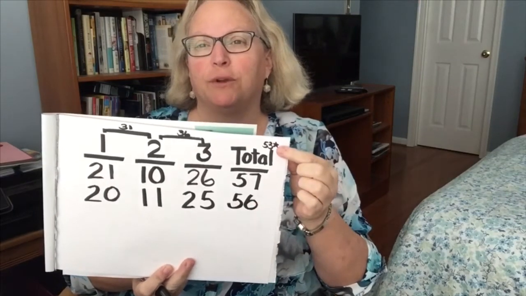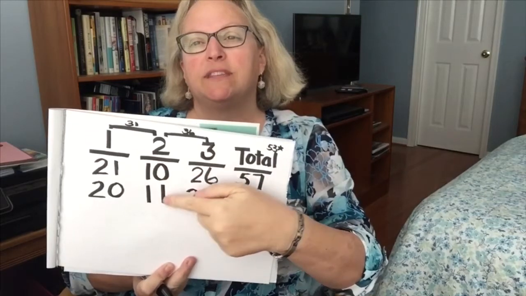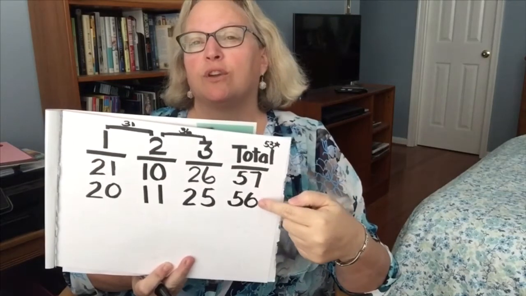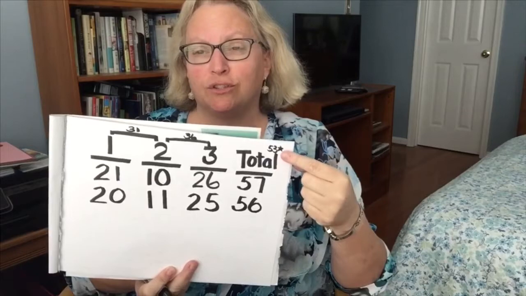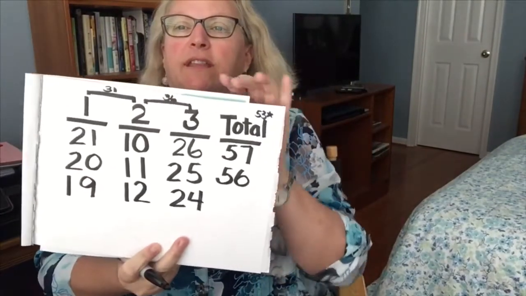I want 53. So by moving the number up on the second shelf, this number's going down and I'm getting closer to the total. So I'm going to move again and I'm going to go to 12 glasses on the second shelf. That means the other numbers are adjusted. And we have something that looks like this.